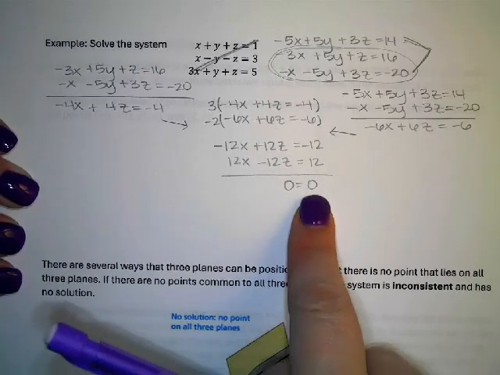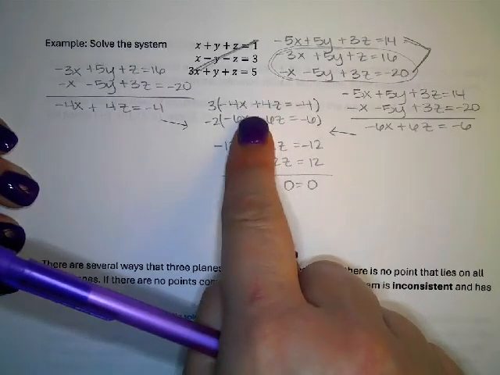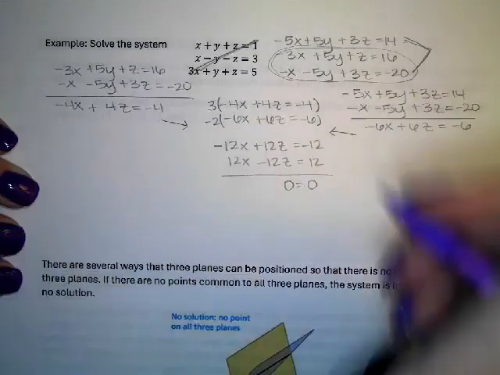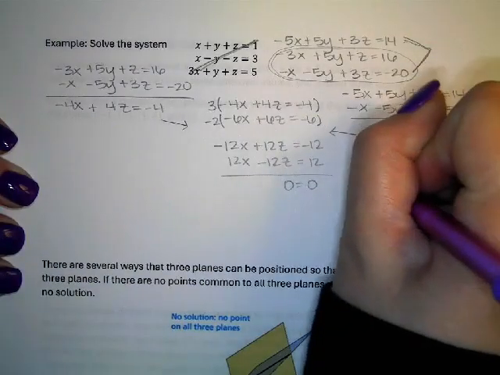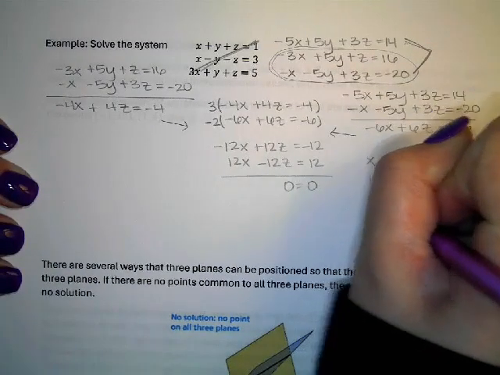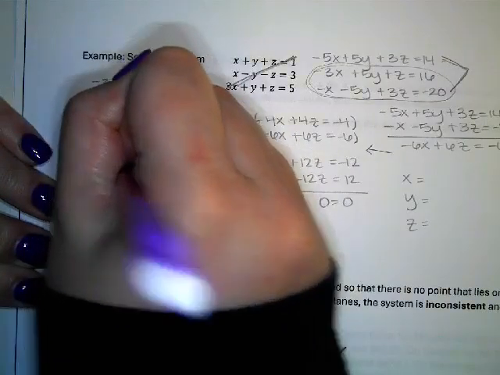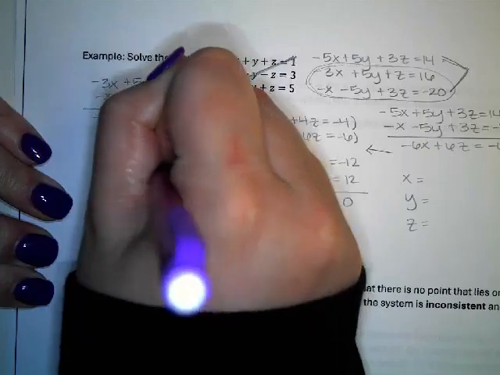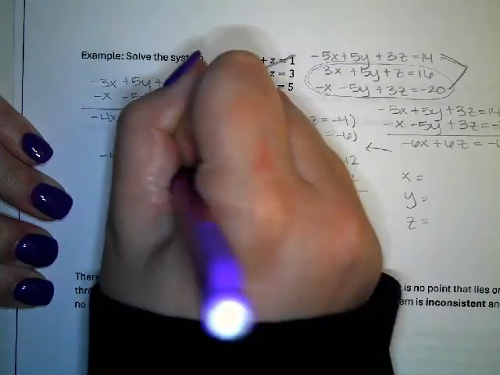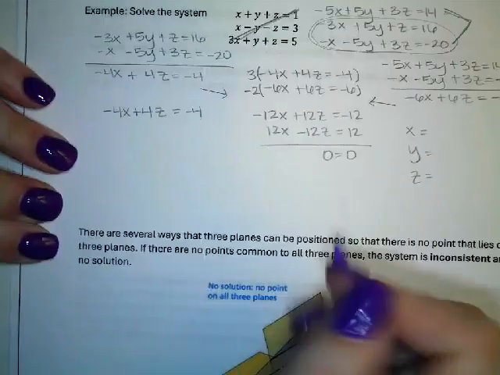So I've got x and y and z. I'll go with this one: negative 4x plus 4z equals negative 4. I'll go ahead and get the z alone again. I'm going to add the 4x over to the other side.